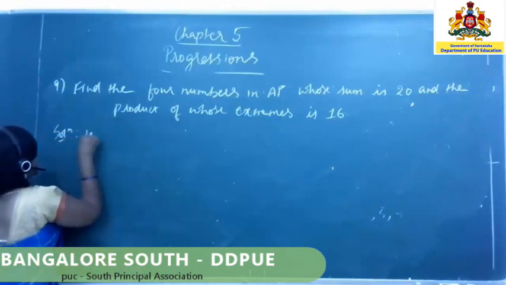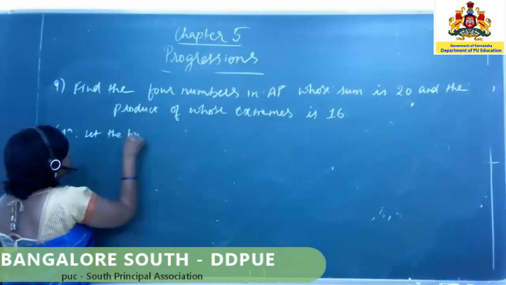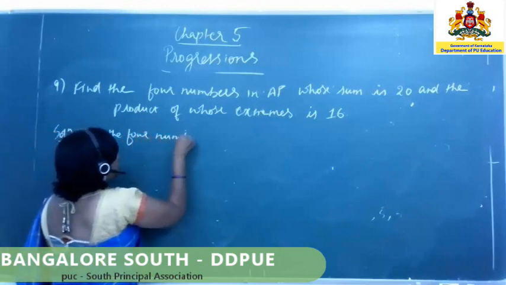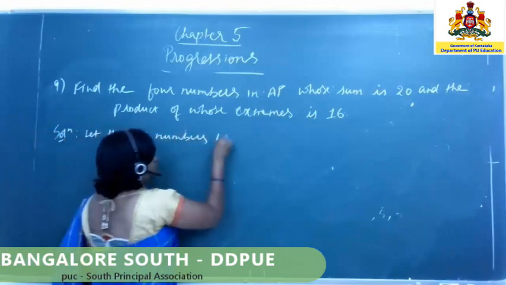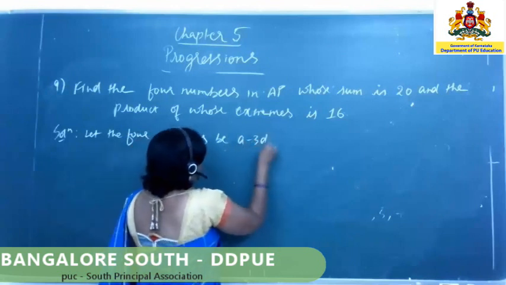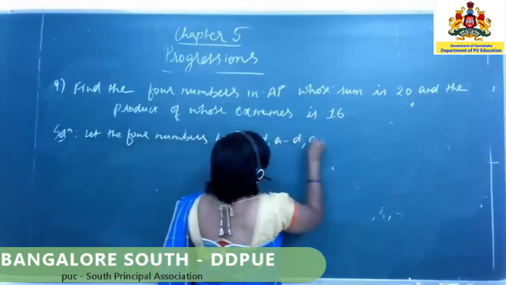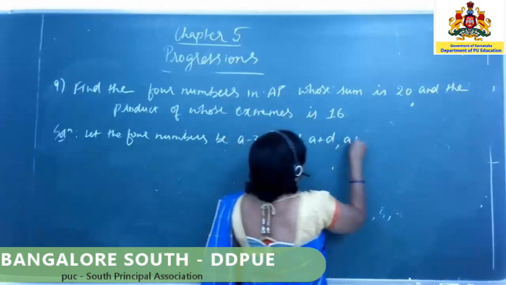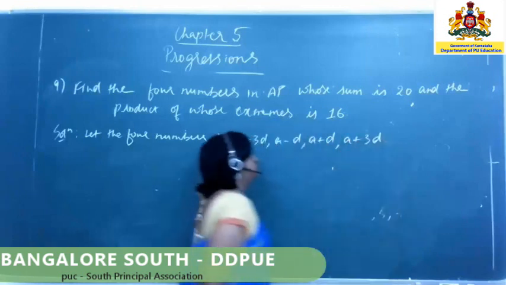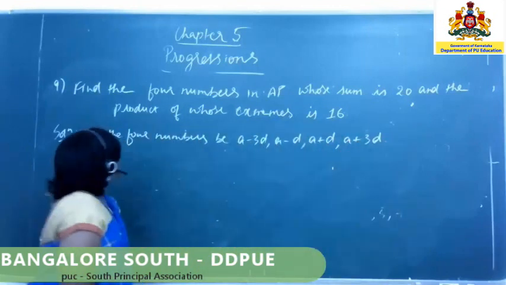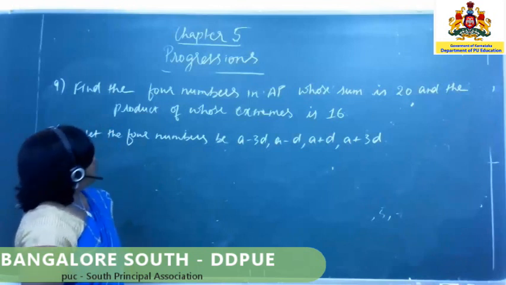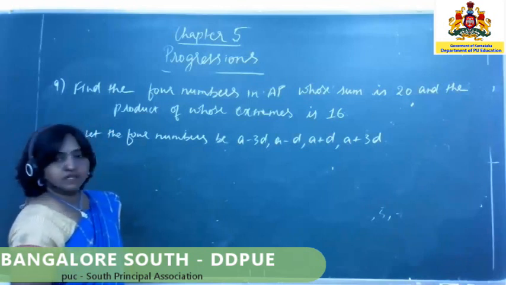Solution: let the four numbers be a minus 3d, a minus d, a plus d, a plus 3d. Sum is 20 and the product of whose extremes is 16.